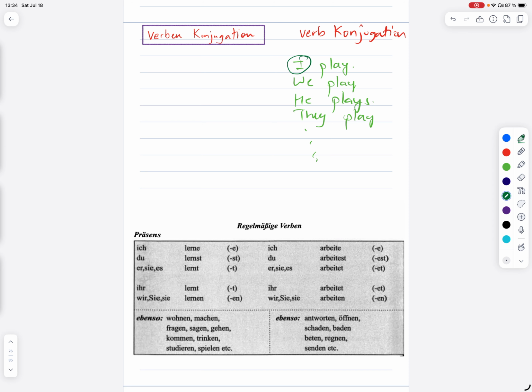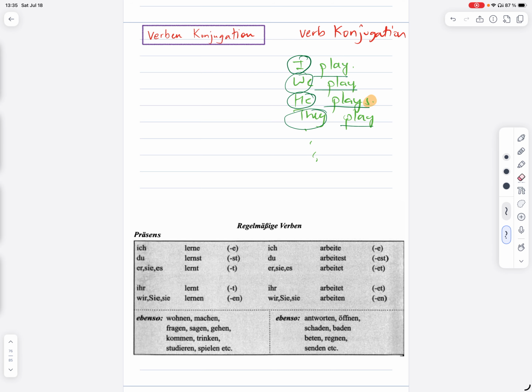For I we have I play, we play, nothing changed in the verb, and then we have he plays. So we have an additional s added to the verb as the personal pronoun changed to he. And then for they, you will see the change again: they play, so the s is not there anymore.